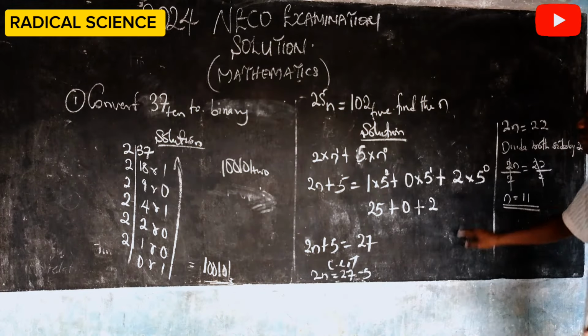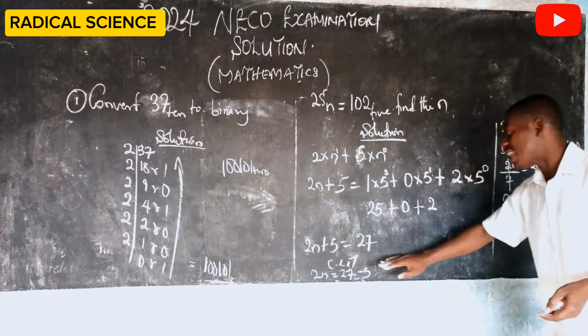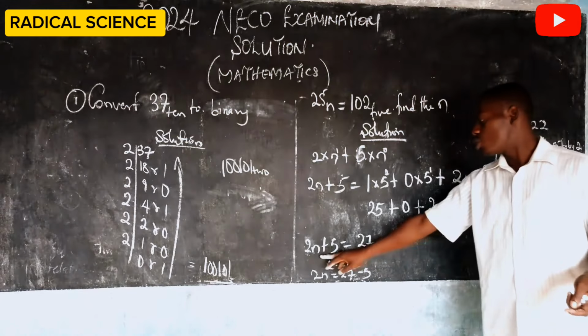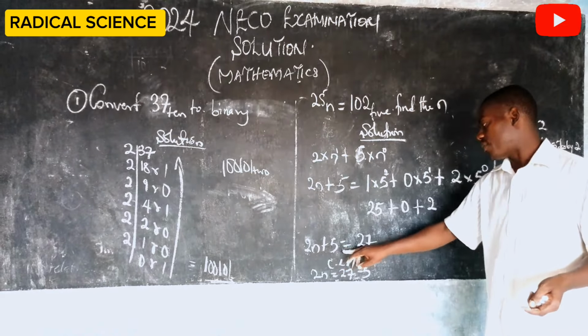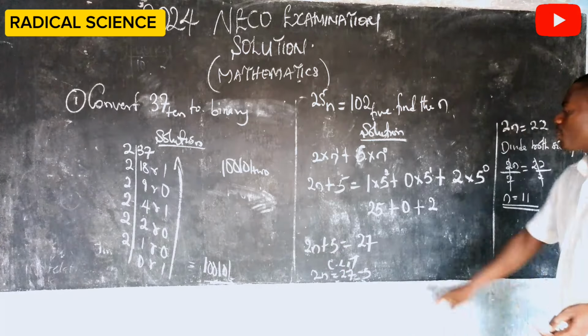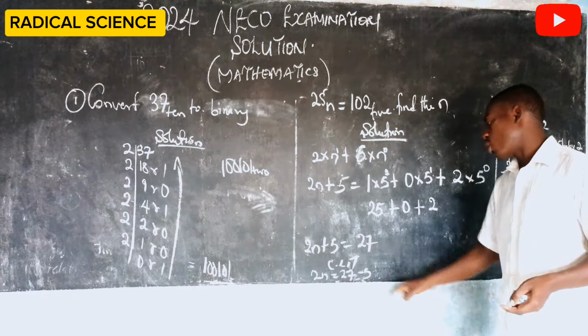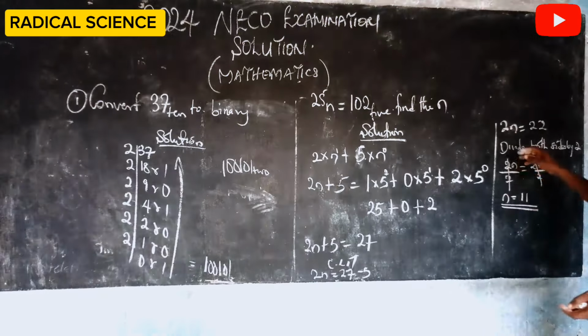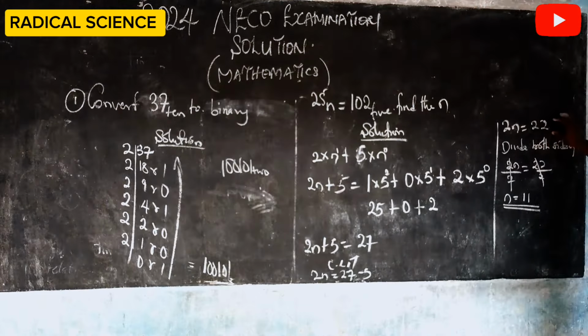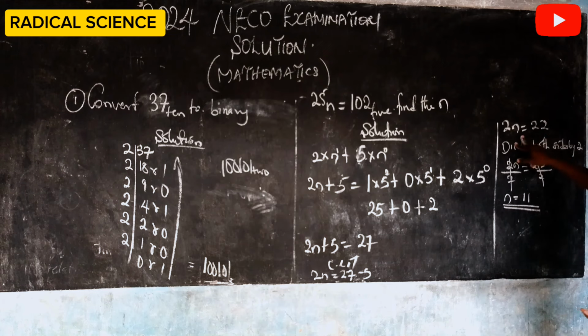If you do that, you collect like terms, as we've done here, knowing very well that this is 2n plus 5 equals 27. Collecting like terms, plus 5 will cross the equal sign and becomes negative. Now 27 minus 5 becomes 22, so I'll have 2n equals 22.